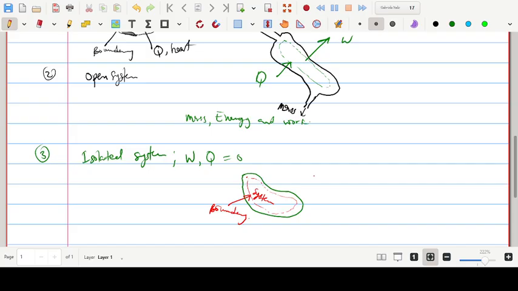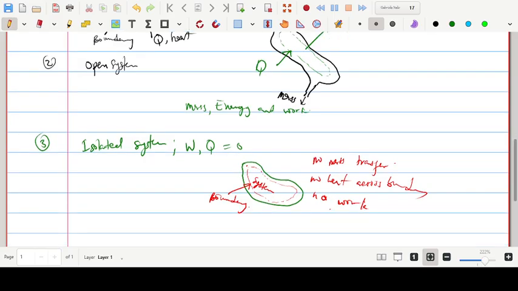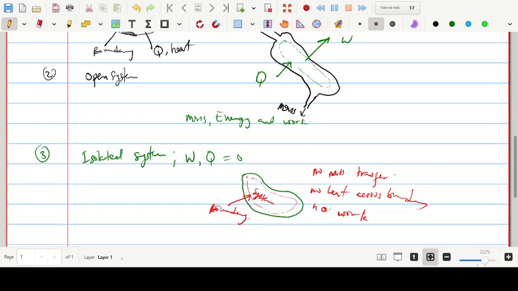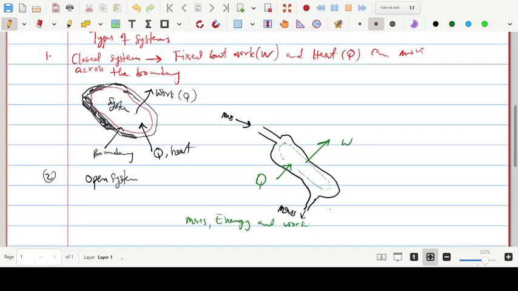So here we can say that there is no mass transfer across the boundary, no heat across the boundary, and no work. So they can ask you in exam to distinguish the three, or what can you say about an isolated system, a closed system, and an open system.